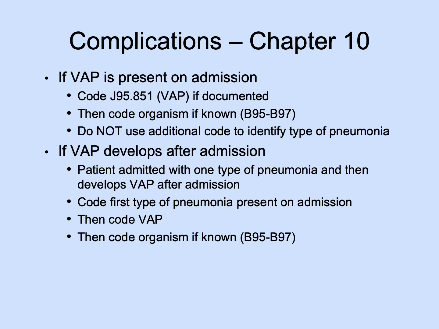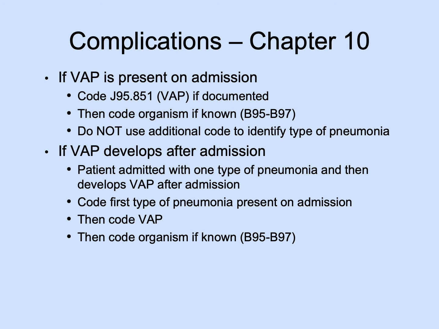Okay, so here are the guidelines. If VAP was present on admission, code J95.851 VAP if documented. Then code for the organism, and we want to use those B codes, B95, B97, that's infection and condition elsewhere. Do not use an additional code to identify the type of pneumonia.